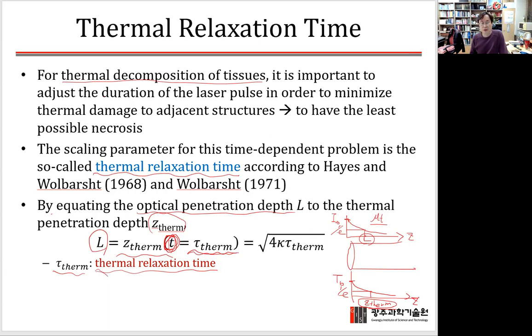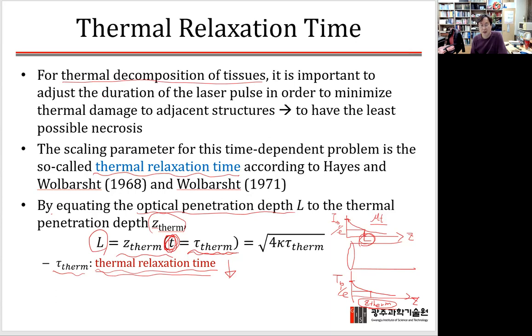If this thermal relaxation time is short, that means when the light is going into the tissue, it goes to the penetration depth. And if this thermal relaxation time is short, it means that within a very short time, the heat transfer from the surface to this depth position is done very quickly.